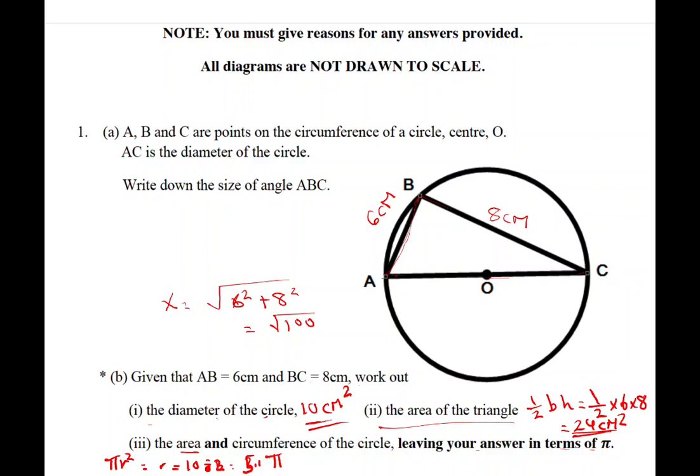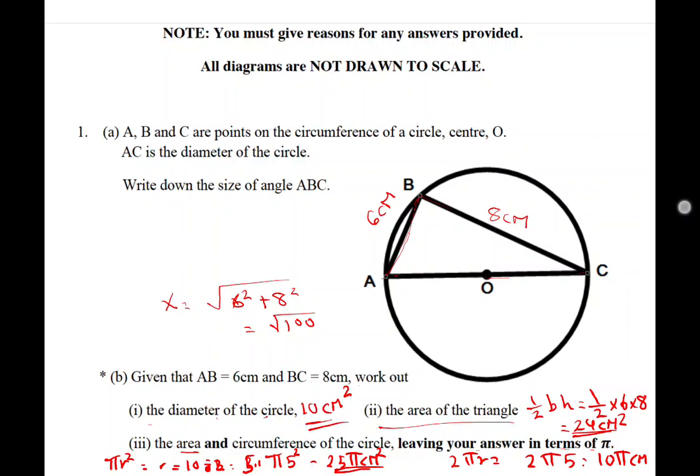So pi times 5 squared, which is equal to 25 pi centimeter squared. That's the area. And the circumference is 2 pi times r, which is equal to 2 pi times 5. That's equal to 10 pi centimeter.